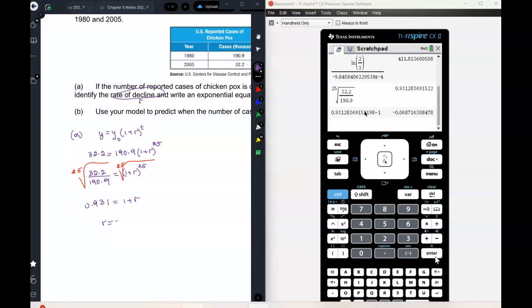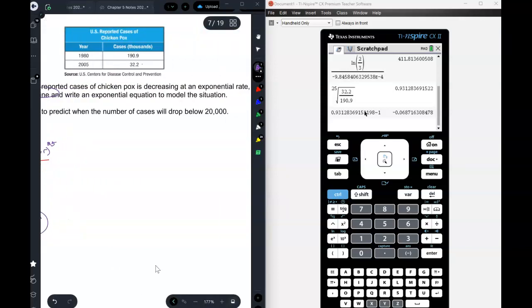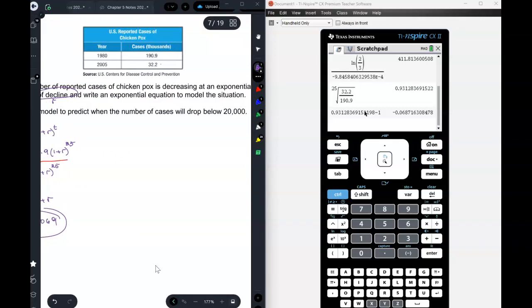So it's negative 0.069. If it doesn't say how many decimal places to round to, on the test I'll always specify. Okay? So this is the rate of decline. And is it right for it to be negative? Yes.